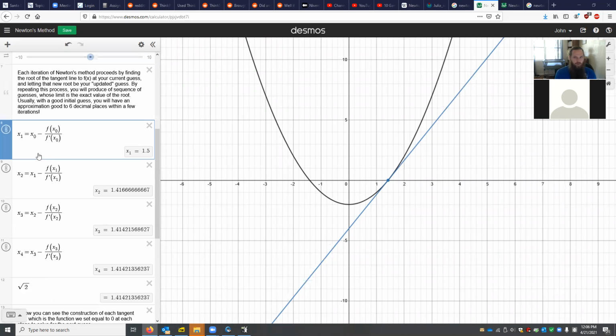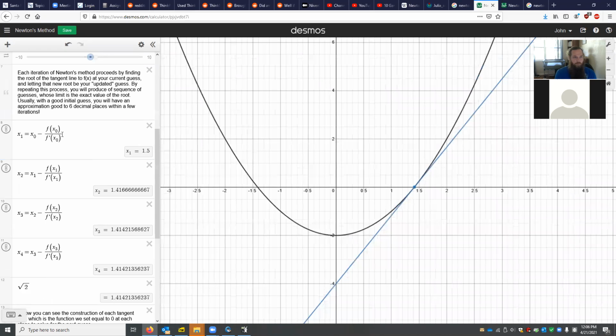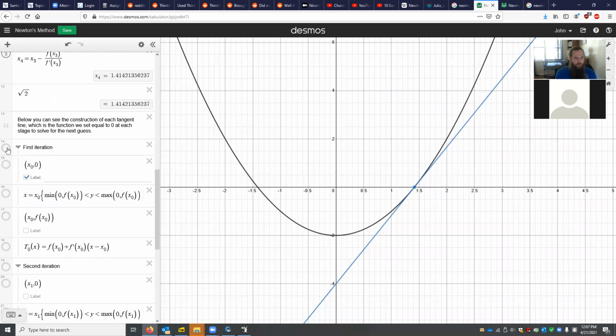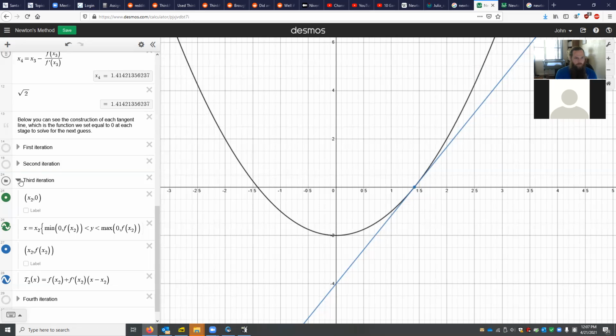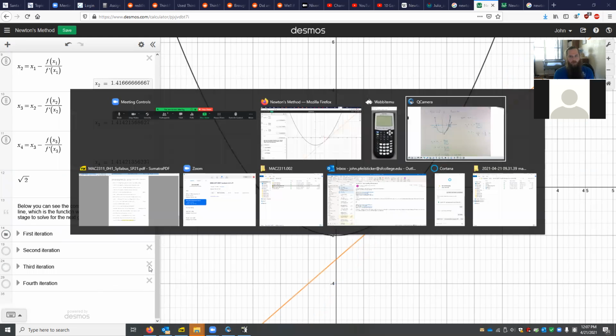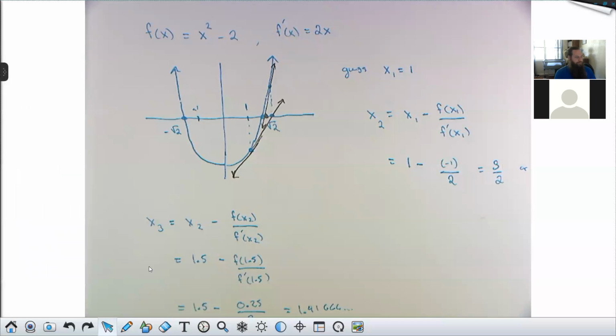Newton's method is so effective. Just scroll down to the first iteration, second iteration, third iteration. You can watch them one at a time. The first iteration is here, the second iteration is here, the third iteration is here, the fourth iteration is here. And you can do this as many times as you want.